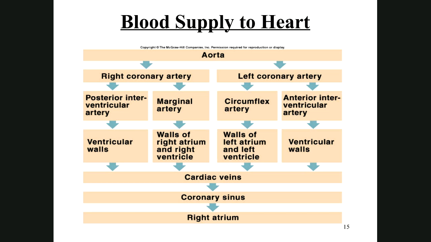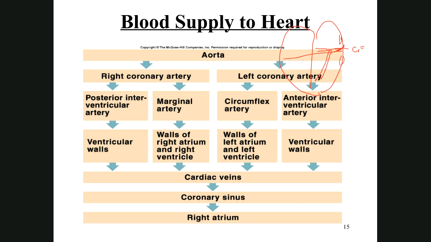So let's say I draw a heart like this, four chambers. The left coronary artery starts from the aorta and comes out like this. It goes a little bit and then it branches. This one continues. This is known as the CF, the circumflex, and it brings oxygen to the left atrium and the left ventricle.